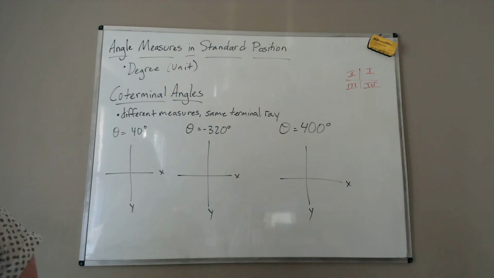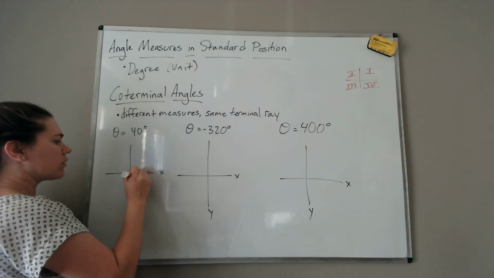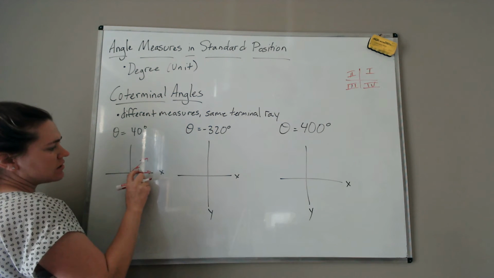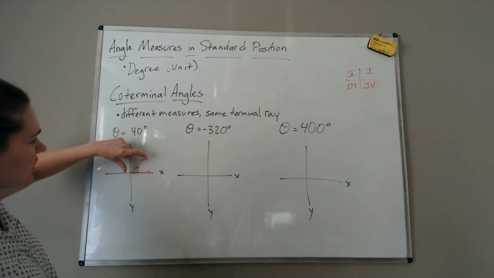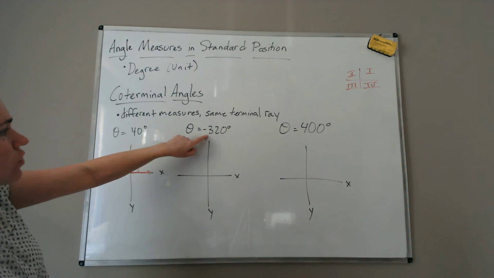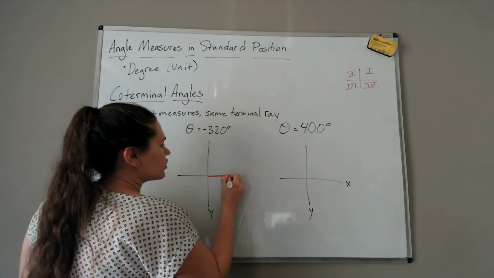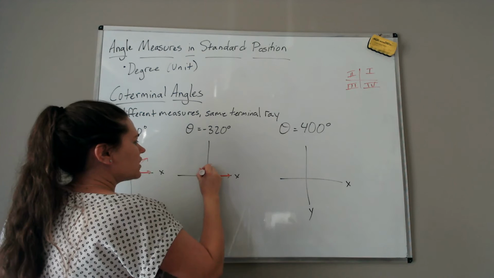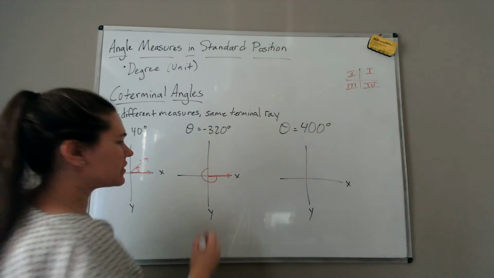Okay, theta 40 degrees, so initial side here, we're going to only go up 40 degrees. And that rotation right there is 40 degrees. And here is the terminal ray. The terminal ray is sitting 40 degrees from the positive x-axis. If we were to now draw negative 320 degrees, okay, initial side, negative means we rotate this way, 320 degrees is going to be 40 degrees from one full rotation.